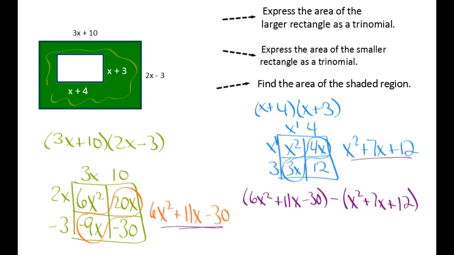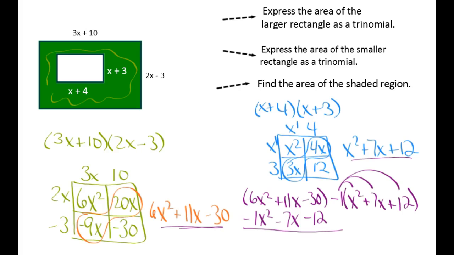If you remember from last video or last class, it's imagining a negative 1 here and distributing it. And as I write, I'm going to write it underneath the first one. So that would be negative 1x squared, negative 7x, and negative 12. They just all turn negative. And then I combine.